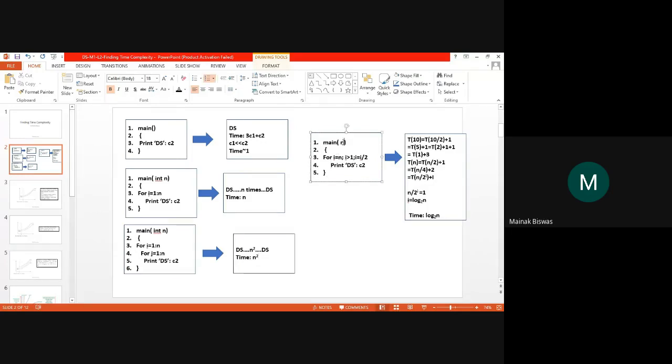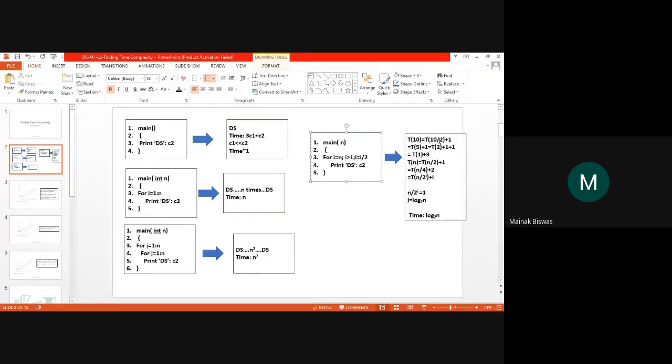Now the point of confusion is this case. Here N becomes half every time, at every iteration. So if N's value is 10, in the next iteration it will become half.